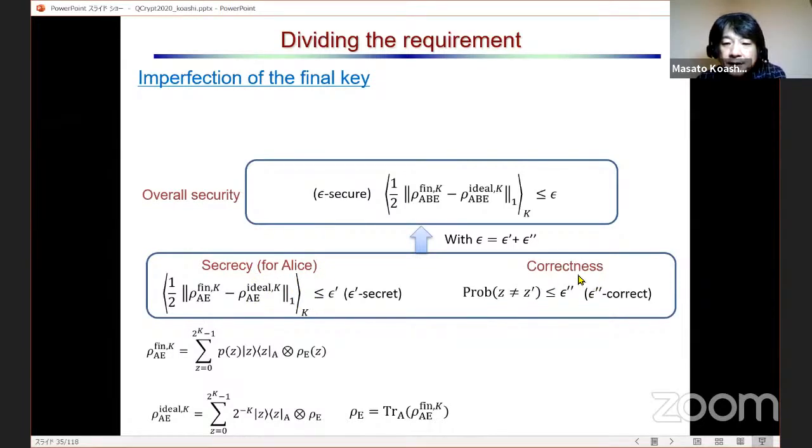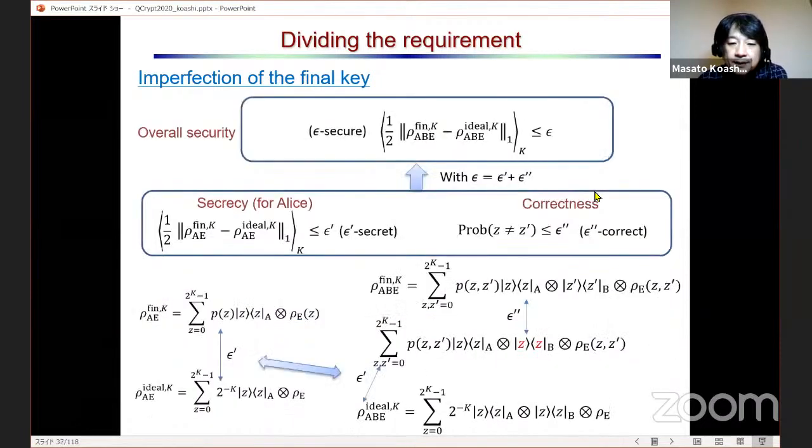And you can also define correctness: epsilon correct means the error probability is no greater than this. If we define it like this, then you can easily prove that if this is true and this is true, then the protocol is epsilon secure with epsilon equal to the sum of this imperfection and this imperfection. This can be easily proved if we consider this kind of intermediate state.